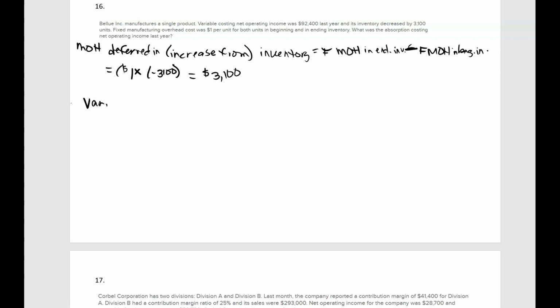Okay. Variable costing net operating income is $92,400.